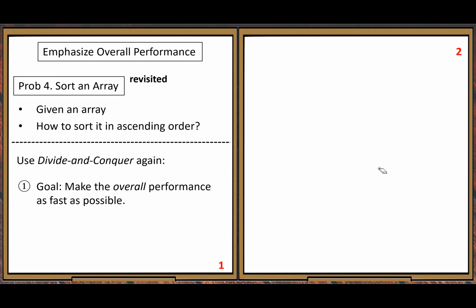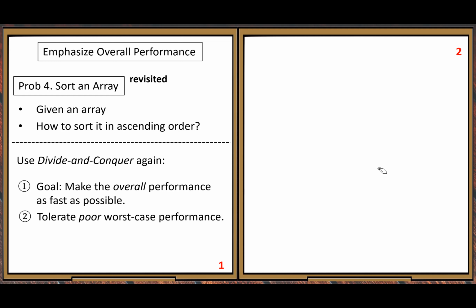The goal: make the overall performance as fast as possible. So that's our design goal for the sorting algorithm. We can tolerate poor worst case performance. For this algorithm, we do not require very good worst case performance.